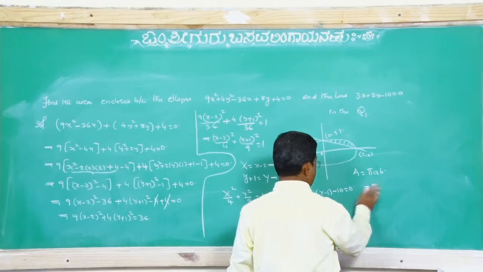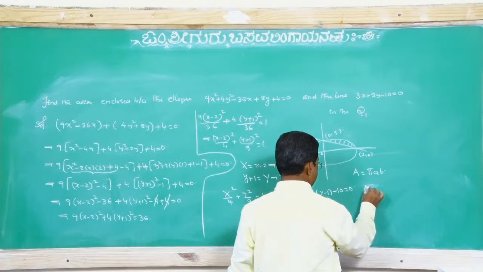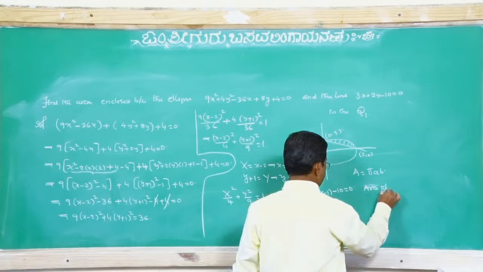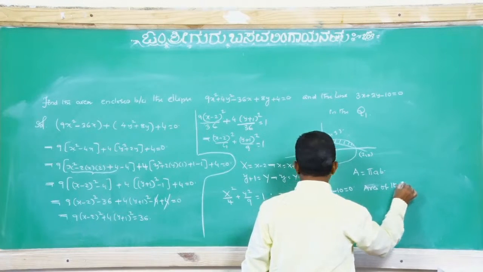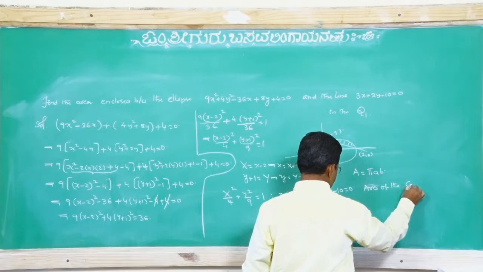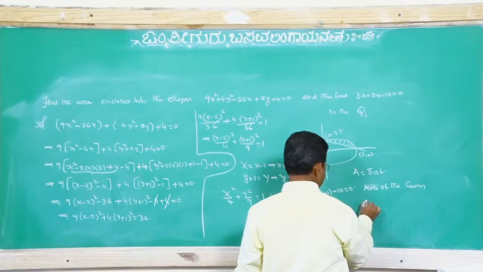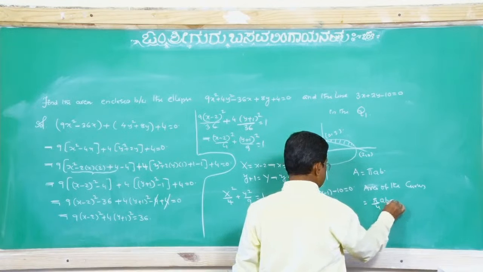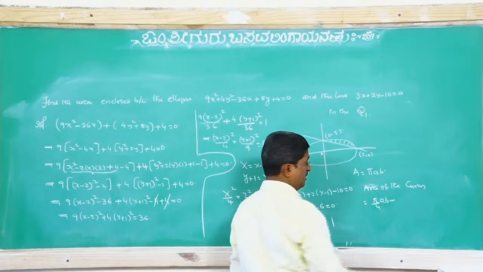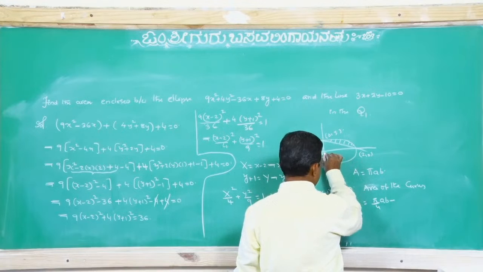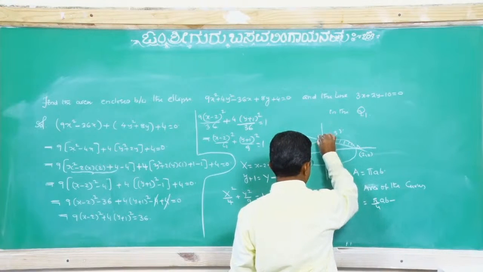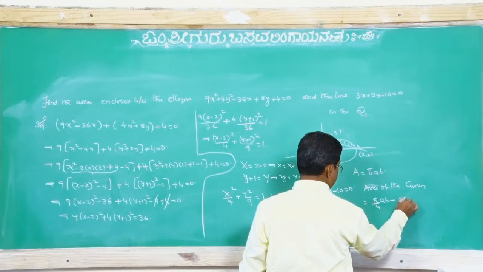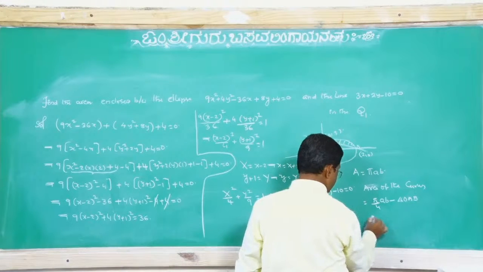So 1/4 of the area of the ellipse. Area of the curve is equal to 1/4 area of the ellipse minus chord area. Minus chord area means that is OAB. Right?